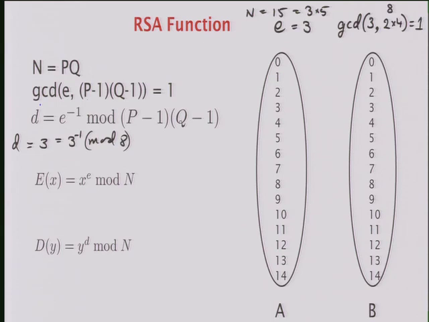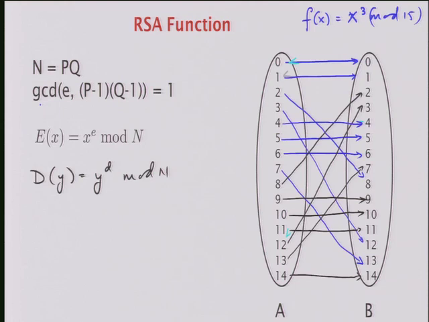Why would you want to pick E equal to 3? Yeah, it's so that encryption is quick. Imagine what would happen if, when we did this exercise, I had picked E equal to 7.